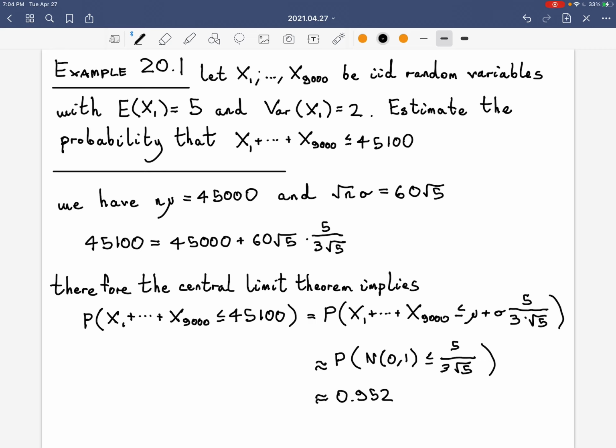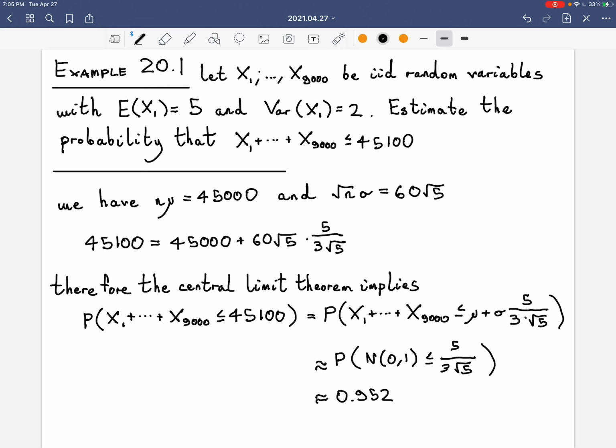And so when we rewrite things using the central limit theorem, we can see that we're asking about the probability that x1 up to x 9,000 add to at most 45,100, which is the probability that x1 up to x 9,000 add to at most mu plus sigma 5 over 3 root 5.